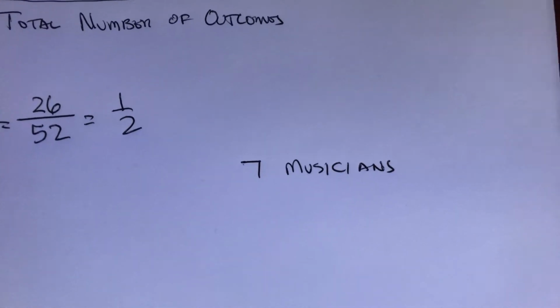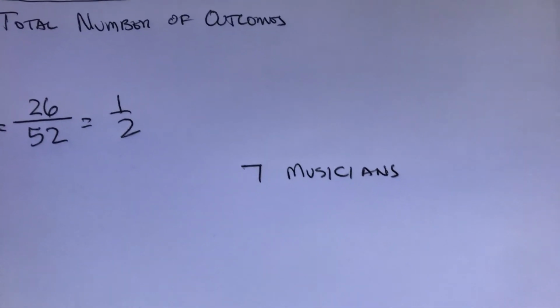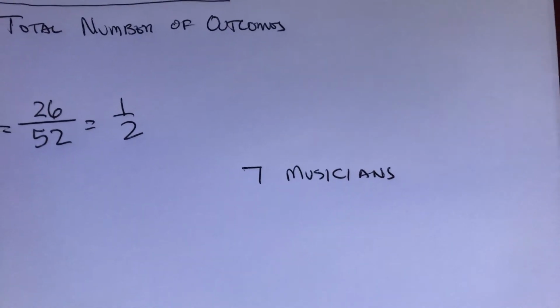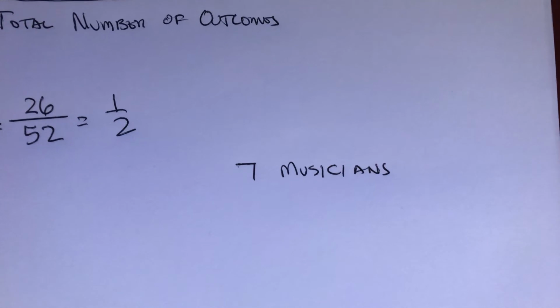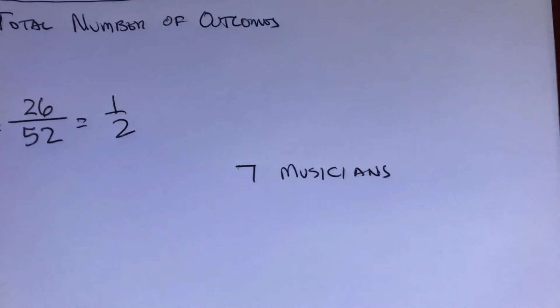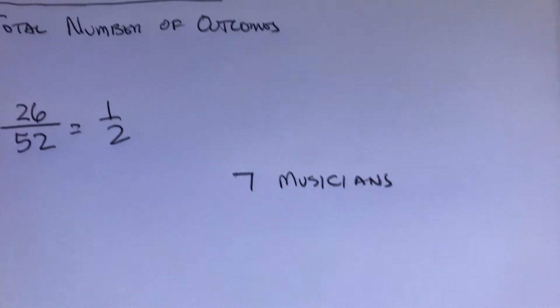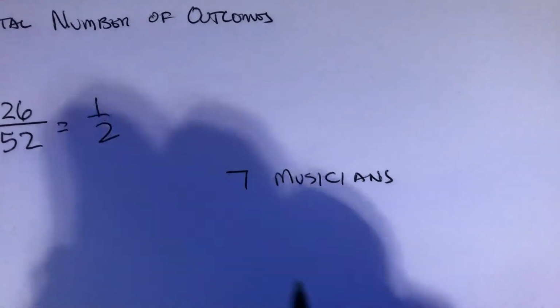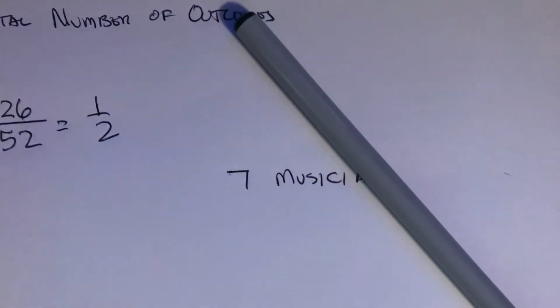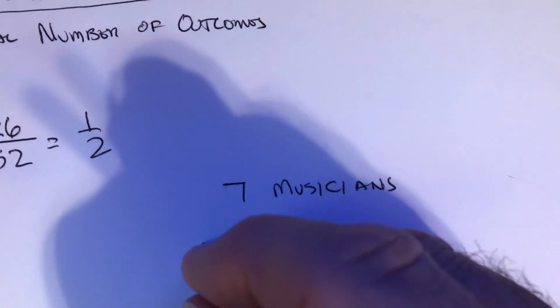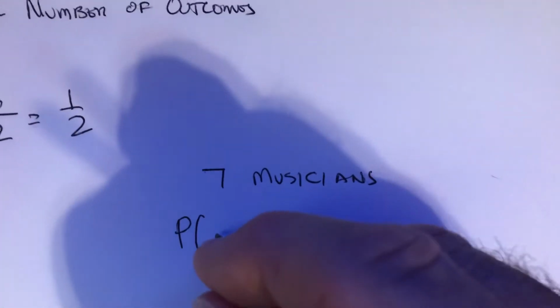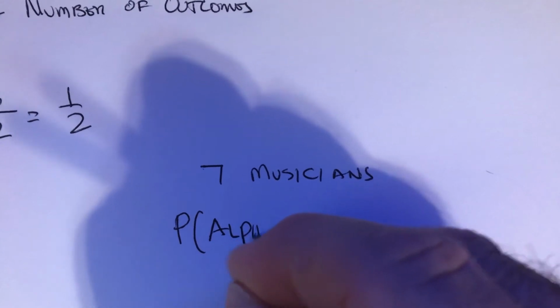What is the probability, in part A, that the musicians perform in alphabetical order by their last name? So, what's the probability that they're all in alphabetical order?